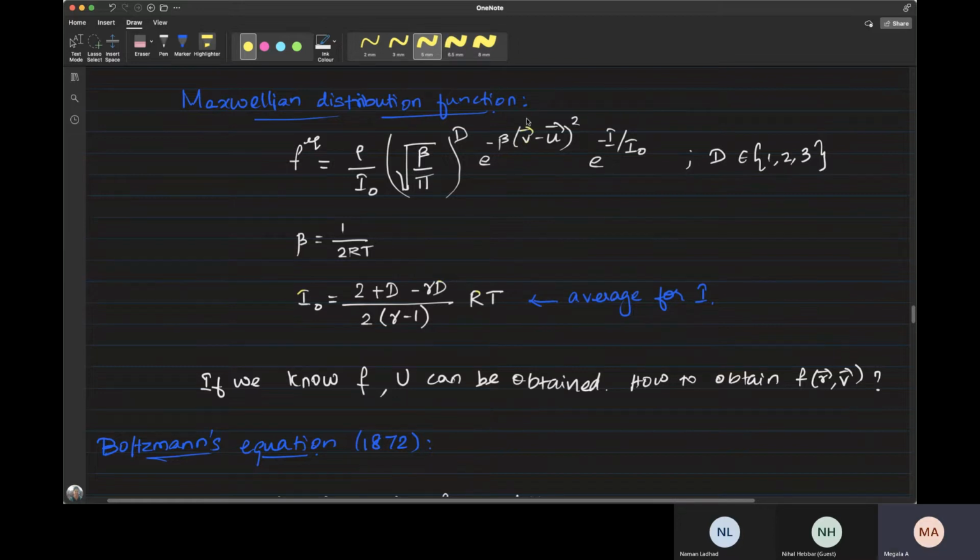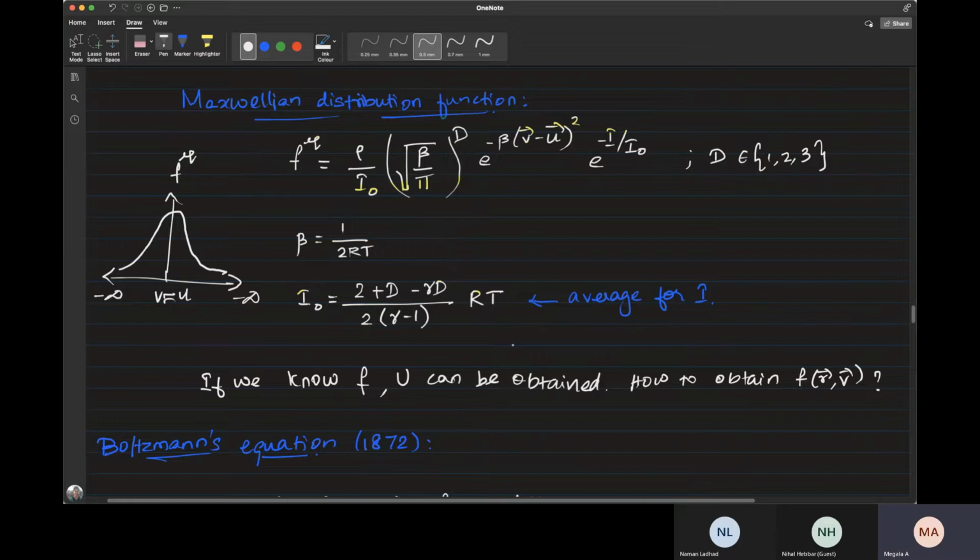Here V vector is the microscopic molecular velocity, and U vector is the macroscopic fluid velocity. So this is now your Maxwellian distribution function. In 1D, it will be very simple, the usual Maxwellian distribution function that you will be knowing of. This is the point where V is close to U, and this is going to be your one-dimensional Maxwellian distribution.